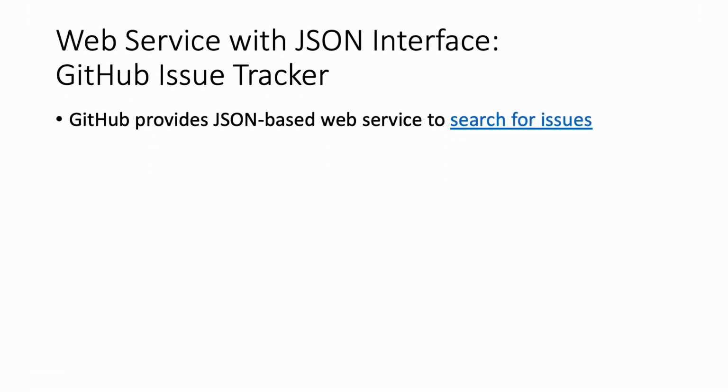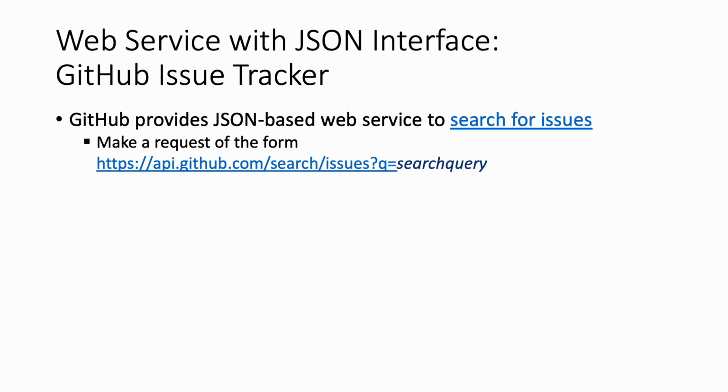In this lecture, we will focus on another web service with JSON interface. This web service is called GitHub Issue Tracker, which allows you to search for issues reported on GitHub. To perform searches for issues on GitHub, you can make a request at api.github.com/search/issues, followed by a query with a parameter q.